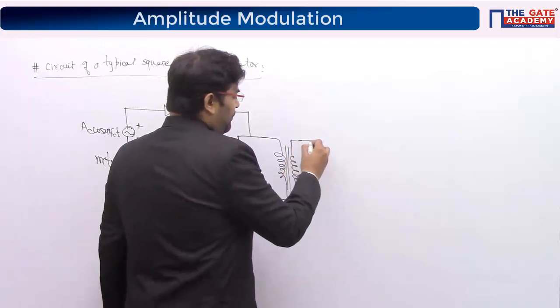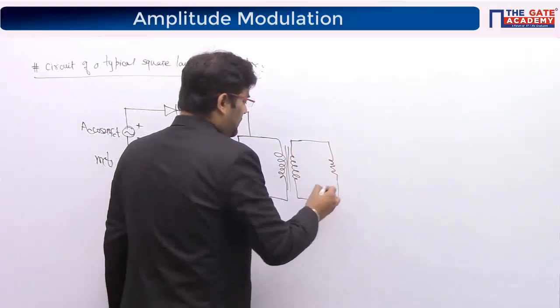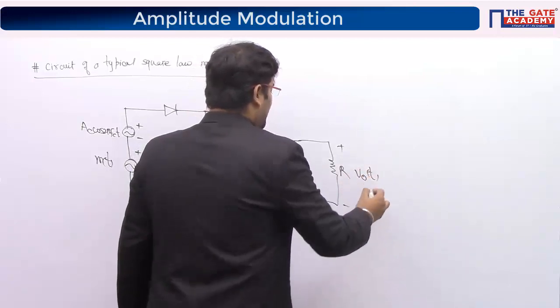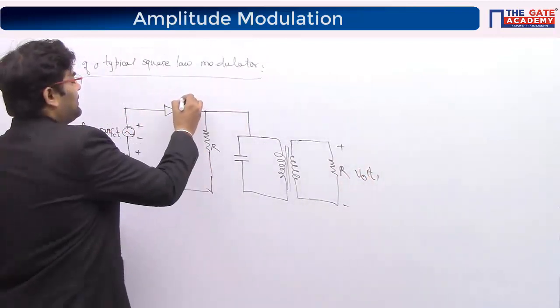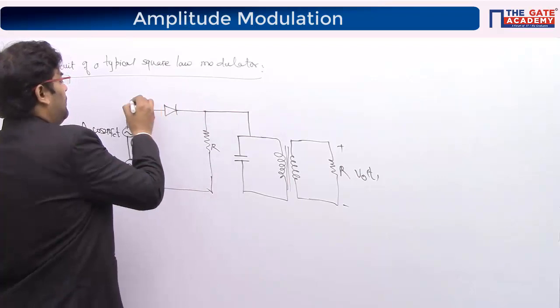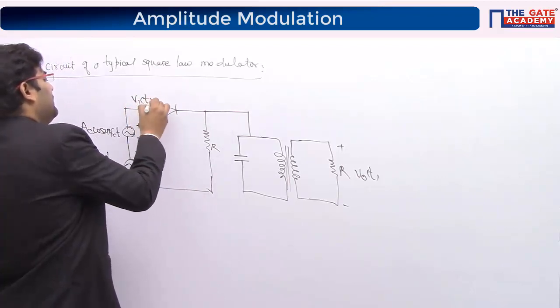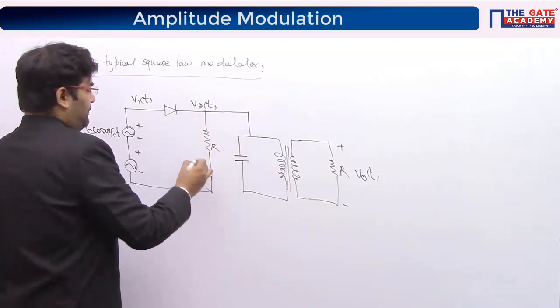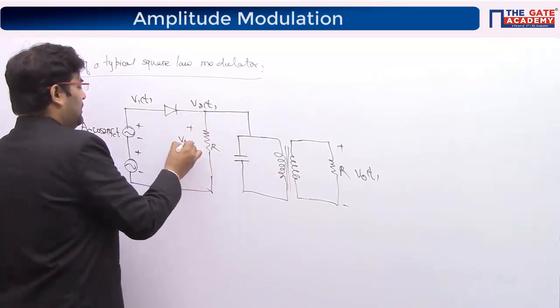And finally the output is measured across the resistance R. So this is the output v_o of t. This was, guys, v1 t. This is your v2 t. Or I can also write it here as v2 t.